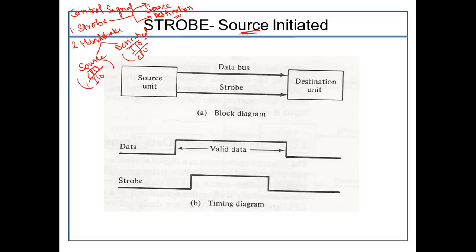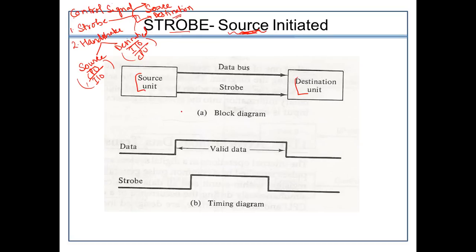The same is true for the strobe signal also. That's why, instead of writing processor or peripheral devices as source or destination, we have simply used the terms source unit and destination unit. So what will happen when the strobe control signal is initiated by the source unit?